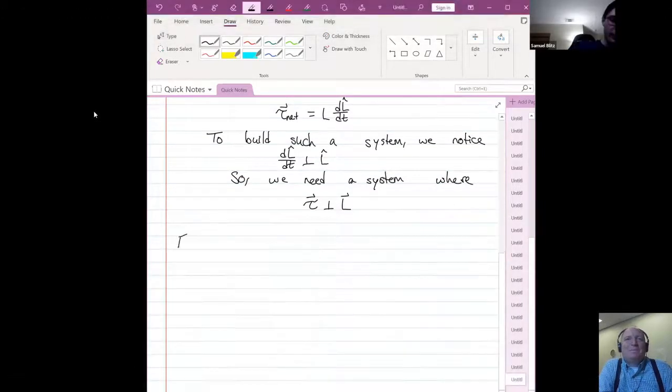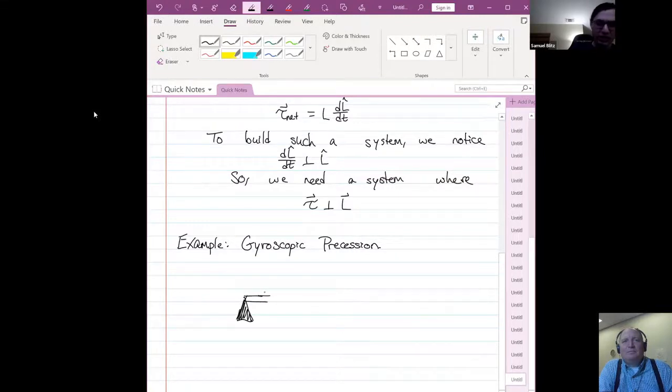So the example really is gyroscopic precession. That's really what we're talking about. So the picture here is you have some pivot maybe. You have a rod or an axle attached to a wheel, coming out, say, the other side, just like a bike wheel or whatever.